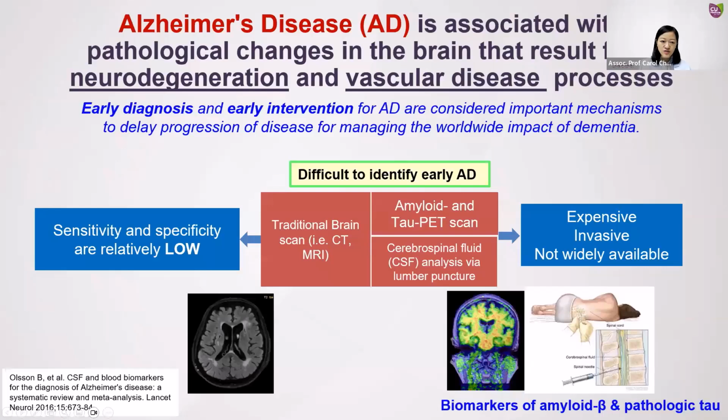AD is associated with pathological changes in the brain that result from neurodegeneration and vascular disease processes. Current new therapeutic efforts focus on early AD treatment. This recent new therapeutic treatment is a breakthrough in the field of Alzheimer's disease. But this only focuses on early Alzheimer's disease.